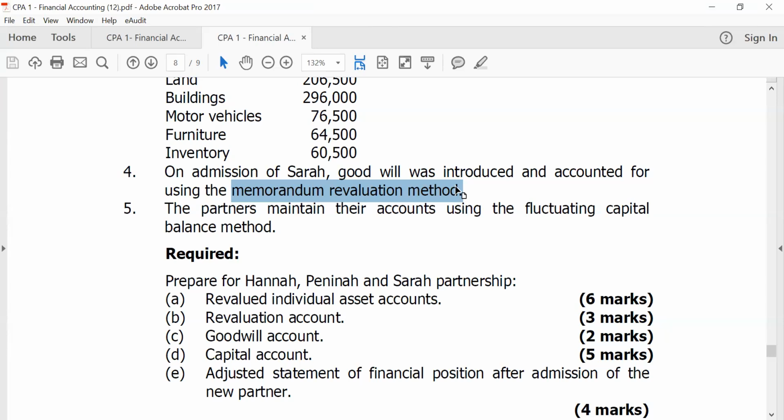Maybe just to test and see if some of you have done some research. Anyone knows what that means? Memorandum revaluation method. You can unmute and tell us.